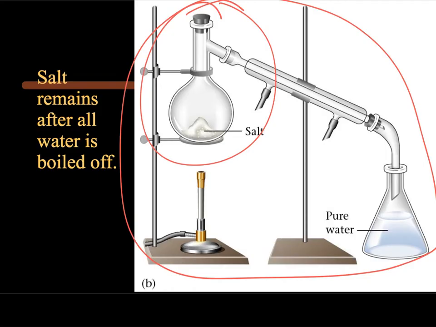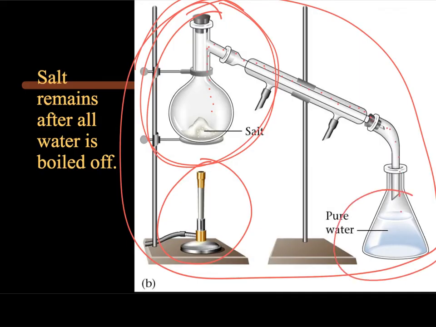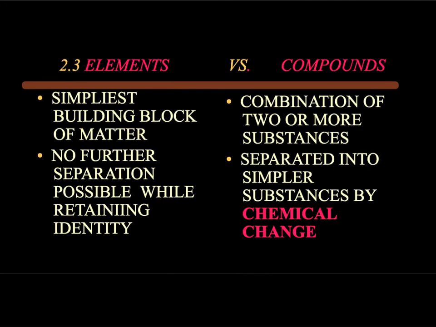If we take some ocean water, we stick it in the flask, this is a Bunsen burner, you heat up the water, it's going to boil. As the water's boiling, it's going to condense. This is a condenser, it's going to condense into this tube here, and then the water will get collected into this flask, leaving behind the salt. So that is an example of distillation and how it separates mixtures.